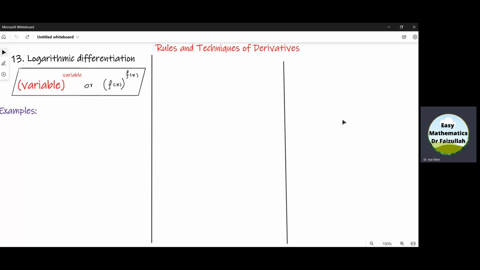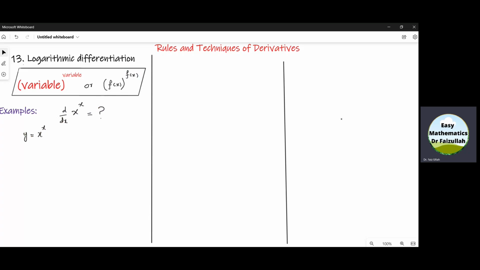So let us start from the first example in which we take x power x. We can see the base is x and its power is also x. Then what will be its differentiation? To differentiate such type of functions, the first step is to put it equal to y.